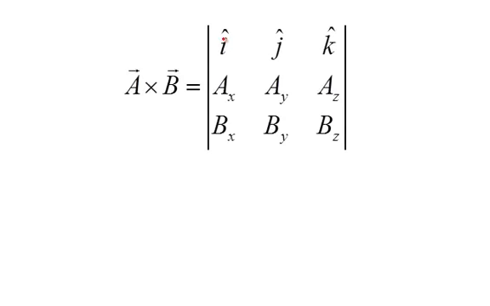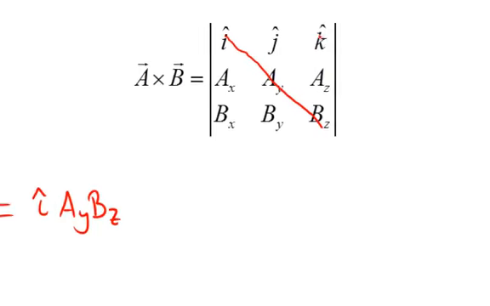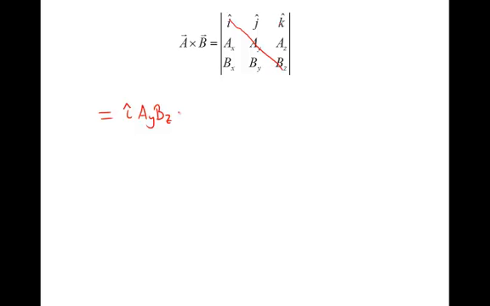So the first term comes from multiplying these three together. So we get i hat AY BZ, and let me just take the other diagonal, and when we're going down from right to left, we subtract. So this is going to be k hat AY BX. Now let's take these three. When I get down here, I need to wrap around to the other one.